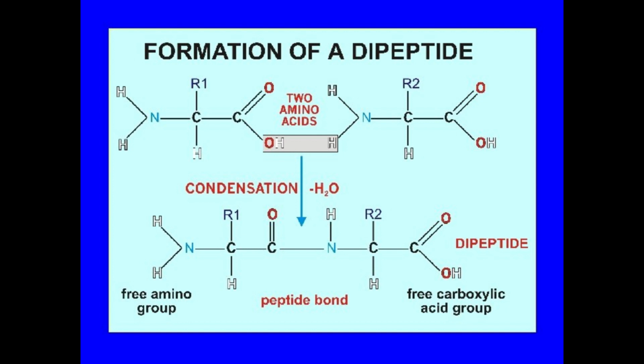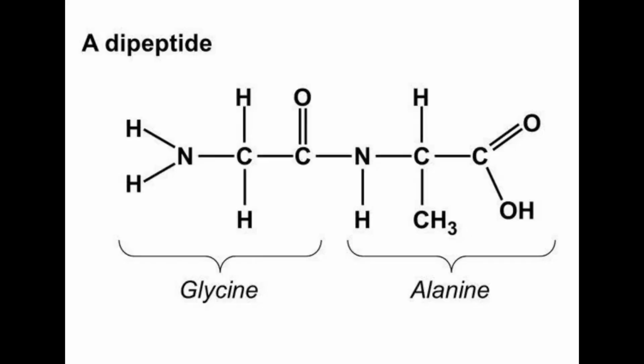Just understand that you are removing OH from the carboxy end of the last amino acid and hydrogen from the amino end of the incoming amino acid. Do you understand? If you don't, please pause the video and look at this structure on your screen, and I hope you get it.